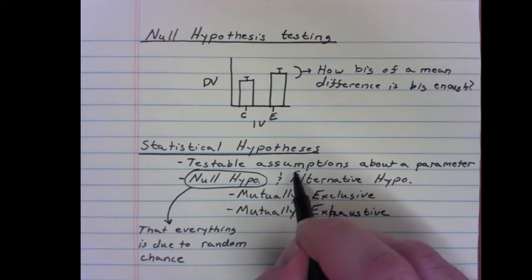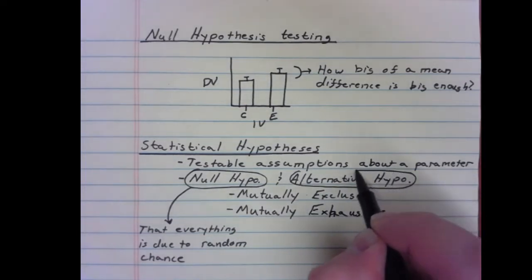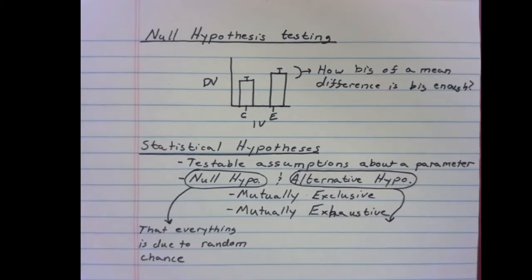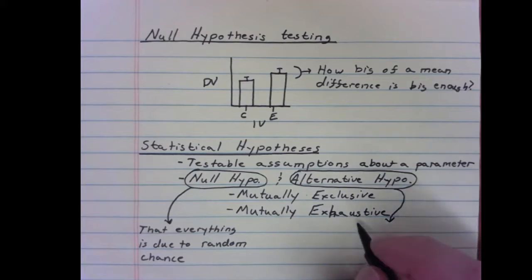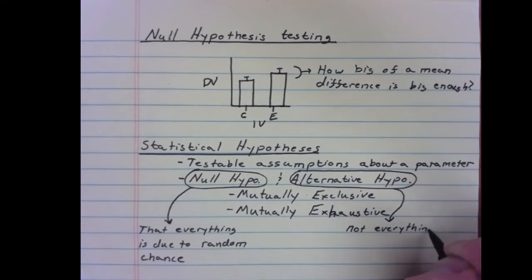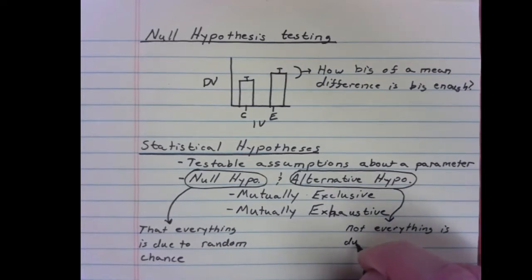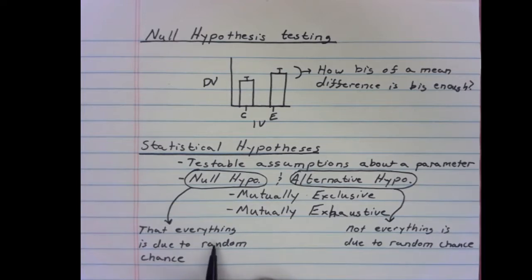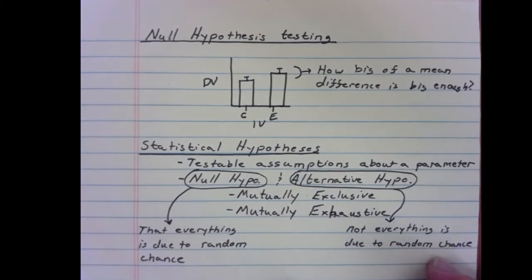The alternative hypothesis, however, makes the mutually exclusive and exhaustive assumption. Not everything is due to random chance. So, it's due to random chance, or it's not. If it is completely due to random chance, then this has to be false. And if not everything's due to random chance, this has to be false. Mutually exclusive and exhaustive.